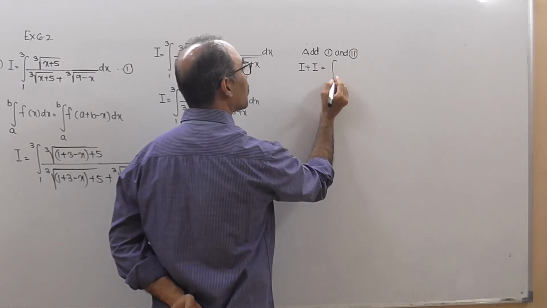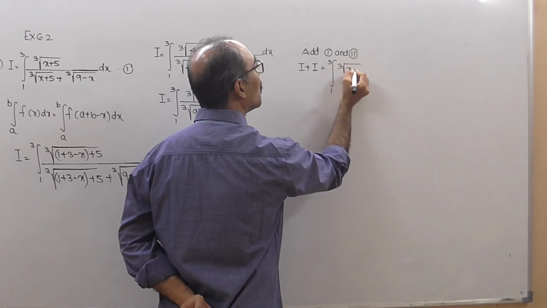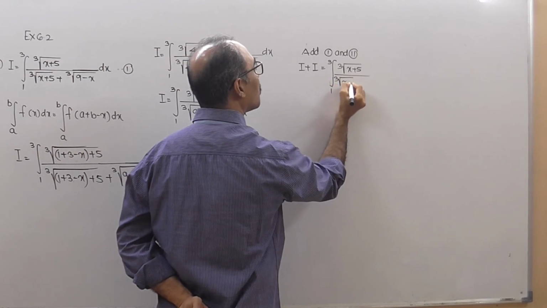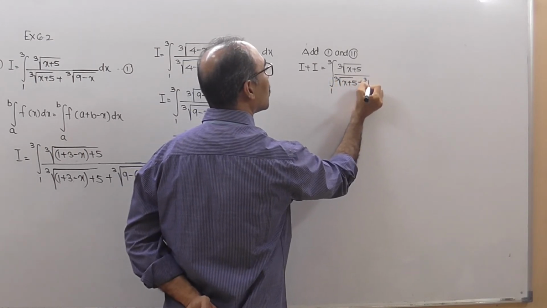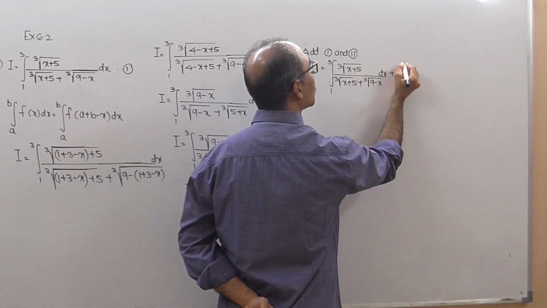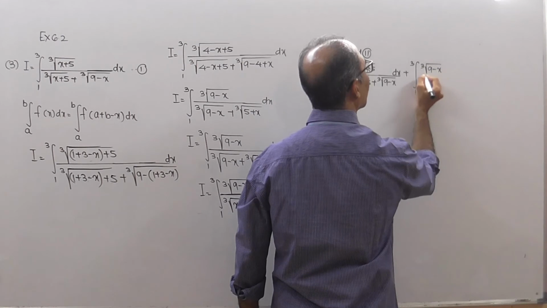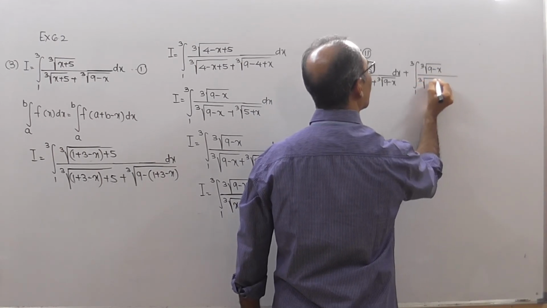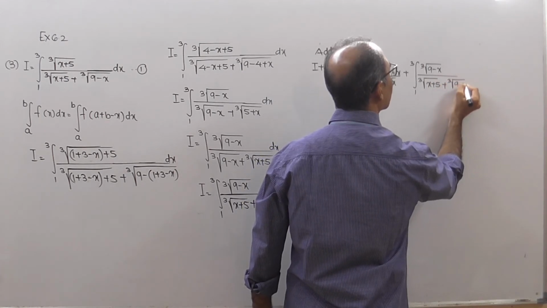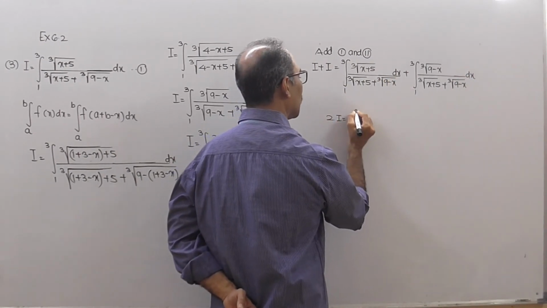Right hand side will be 1 to 3 cube root of x plus 5, cube root of x plus 5 cube root of 9 minus x dx plus 1 to 3, ये रहेगा cube root of 9 minus x, cube root of x plus 5 plus cube root of 9 minus x dx. So I plus I will become 2I.